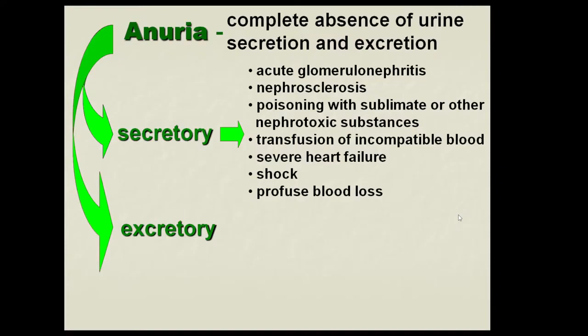It may be a result of progressive heart failure, shock, because shock is characterized with significant decrease of blood pressure. You know, blood pressure is the main regulatory mechanism of the urine secretion. And profuse bleeding, because no blood, no adequate filtration.